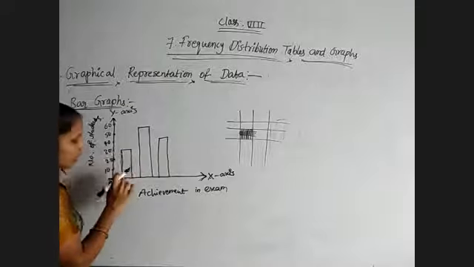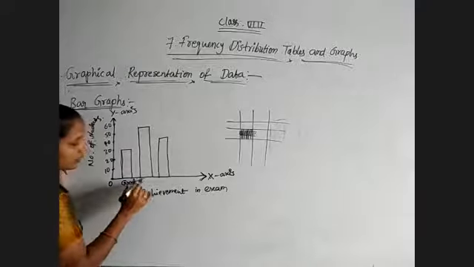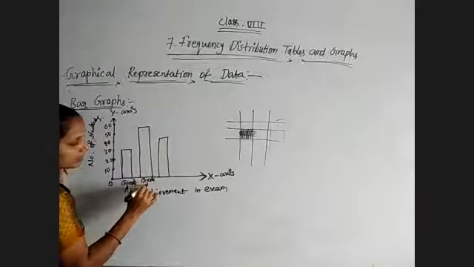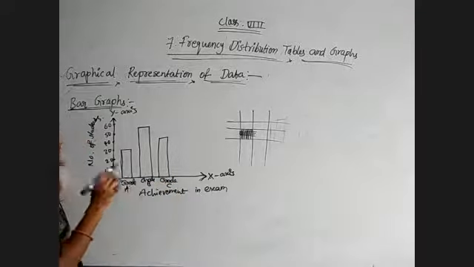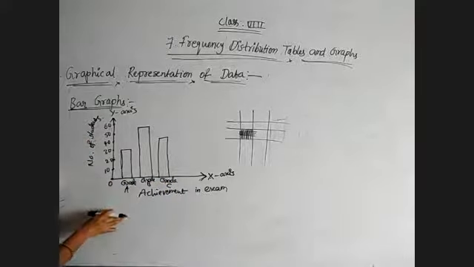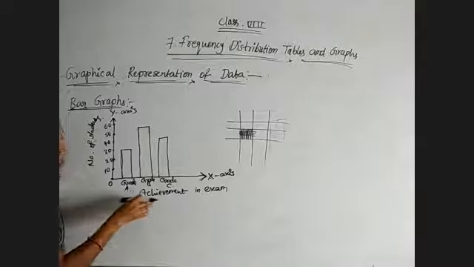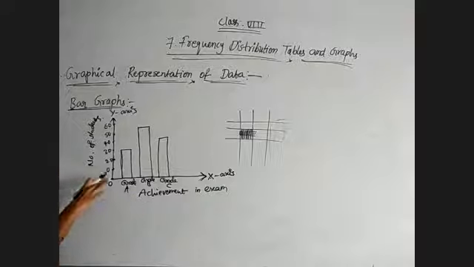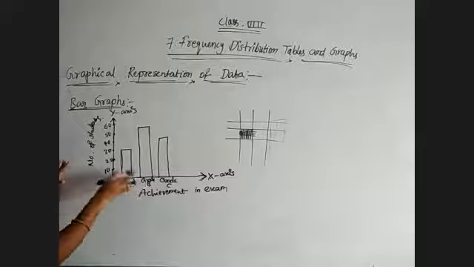And here grade A, grade B, grade C. So this information, by observing this bar graph, is the information given about the students who scored marks in that exam. How many students have scored grade A, grade B, grade C marks, we need to find.